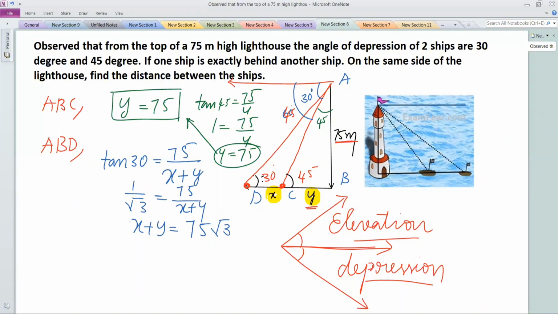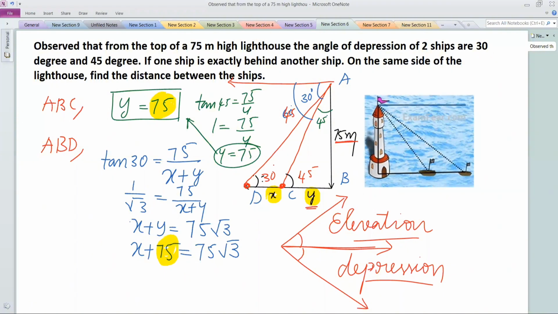Fine. Now, see here, x plus y, already we know the value of y, so x plus 75. I'm going to write the value of y as 75, don't be confused, this 75 is the substituted value of y.